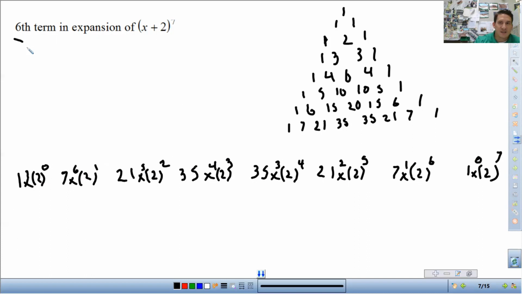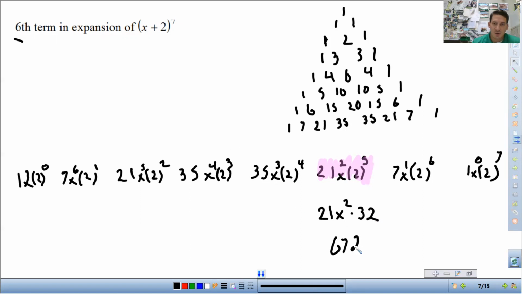So we want the 6th term: 1, 2, 3, 4, 5, 6. So I just need to simplify this term. 21 x squared times 2 to the 5th, which is 32. 21 times 32 is 672.